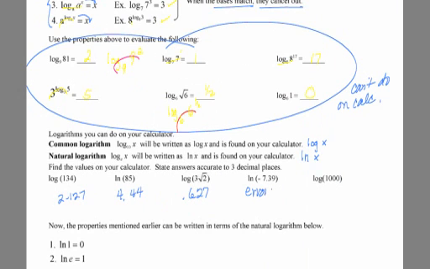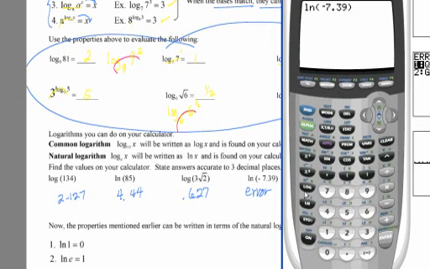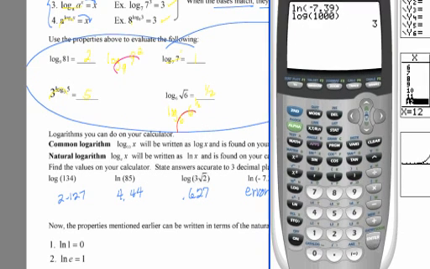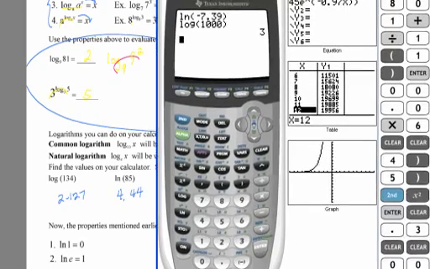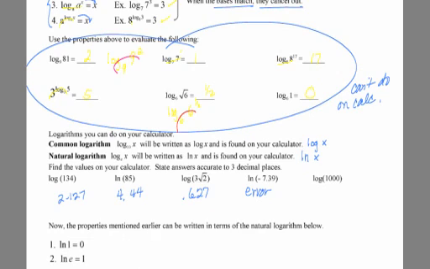I'll explain why. And let's do the last one, log of 1,000. So log button, 1, 0, 0, 0. Should be 3. Okay.